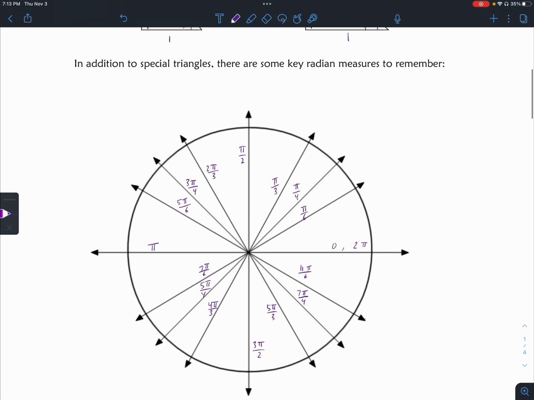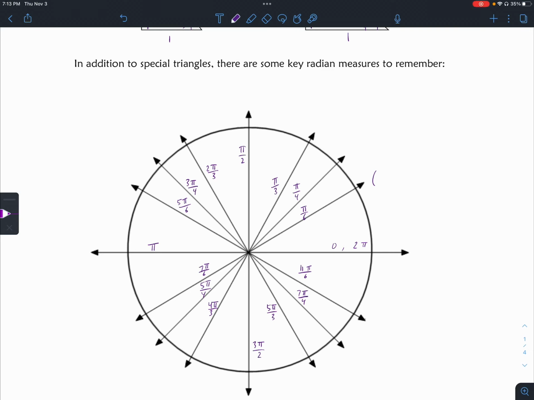Now, what I'm also going to put on this triangle, and you may have learned this before, are the actual ratios for the terminal arm. Okay, so recall that these ratios, the way they work, so for the first one, it's basically cosine of 30, or cosine of pi over 6.